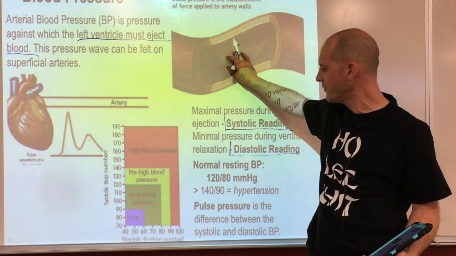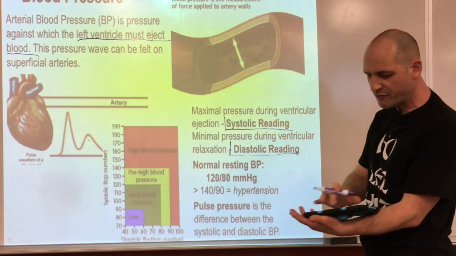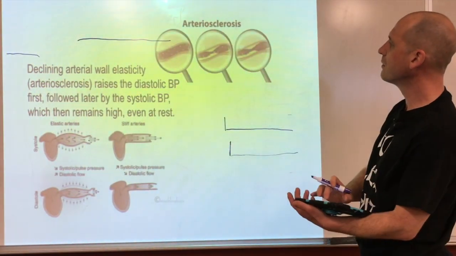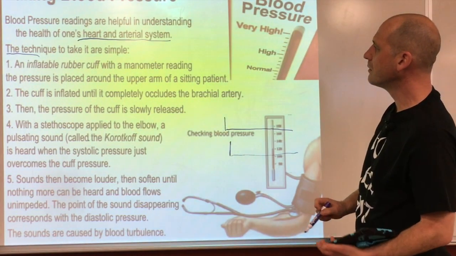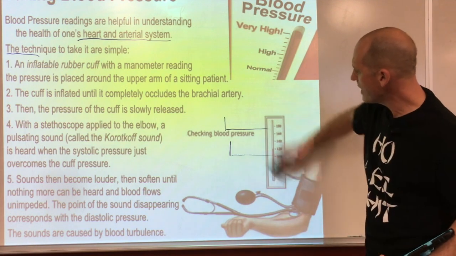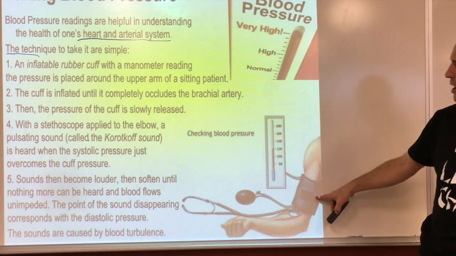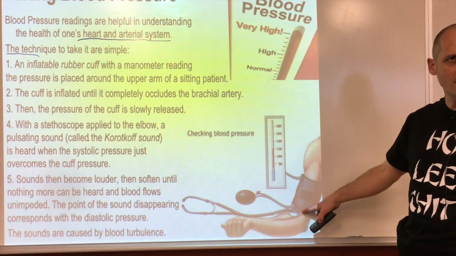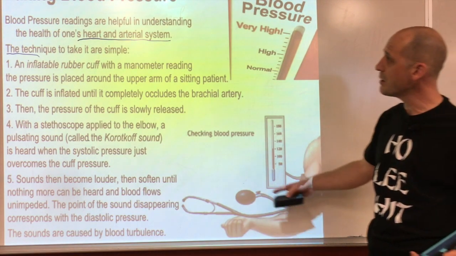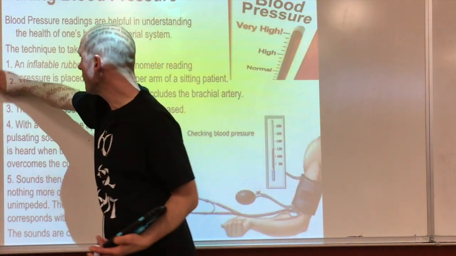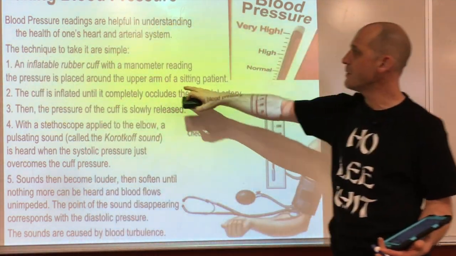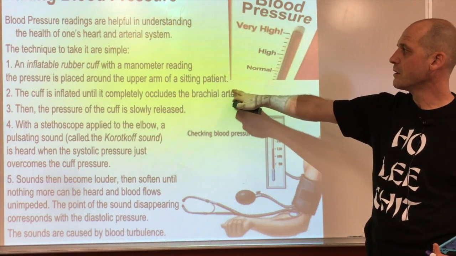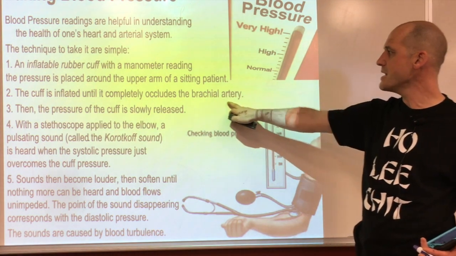The way we do it is we have a blood pressure cuff that we put around the upper arm, and we have a stethoscope and we're listening to the artery. We pump that up and inflate the cuff until we don't hear any pulse.